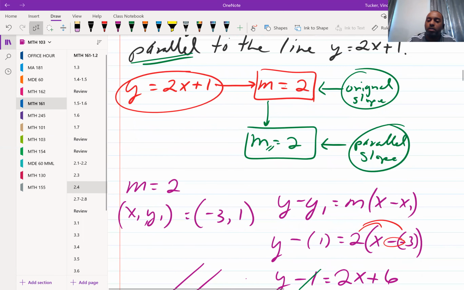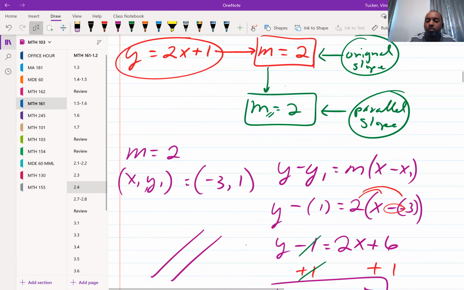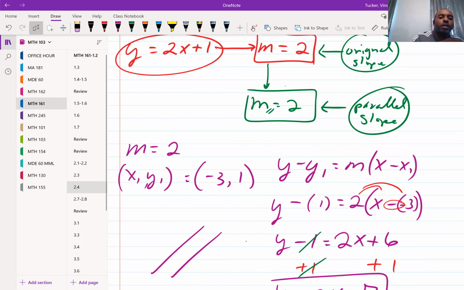All right. So don't forget, negative times a negative turns positive. So that would have left us with y minus 1 equal to 2x plus 6.